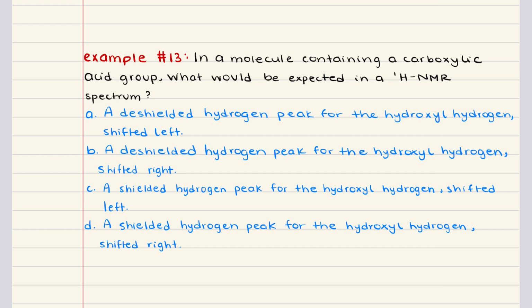When a proton is deshielded, it feels more of the external magnetic field and it shows up downfield on the spectrum, which means it appears further to the left on the x-axis of the NMR spectrum. So if we're interpreting what kind of peak we expect, it's a deshielded hydrogen peak that appears to the left. And that means 13 is A.